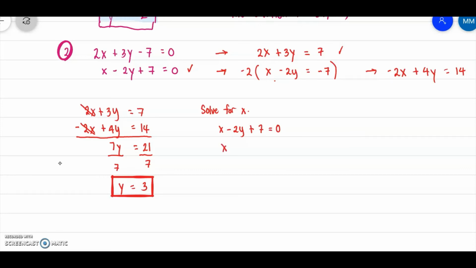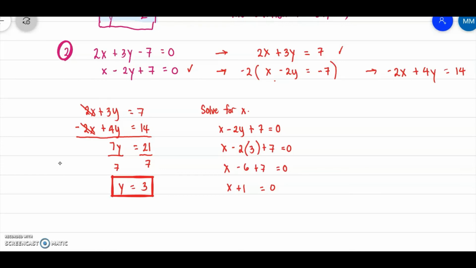So x minus 2, substitute our solved value for y, which is 3, times 3 plus 7 equals 0. So you have here x, negative 2 times 3 is negative 6 plus 7 equals 0. So x, negative 6 plus 7 is positive 1 equals 0.